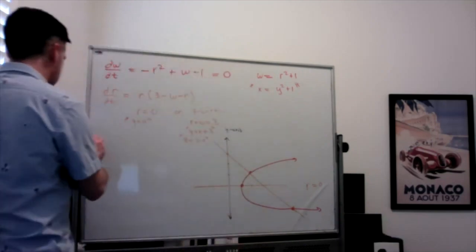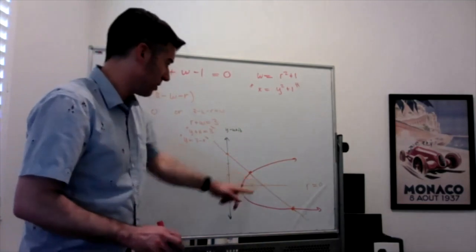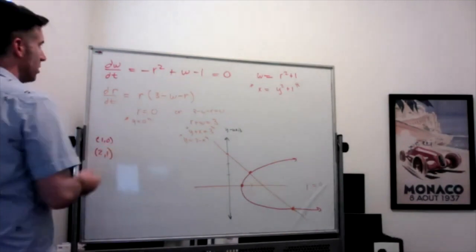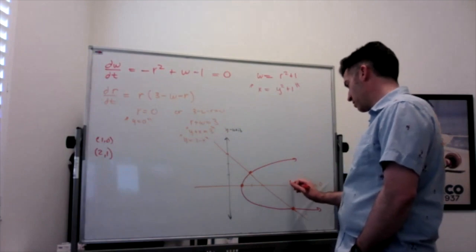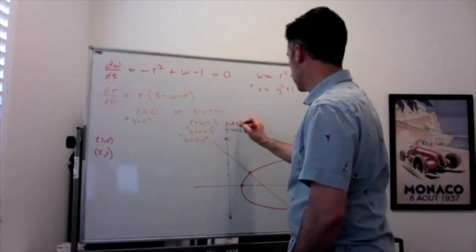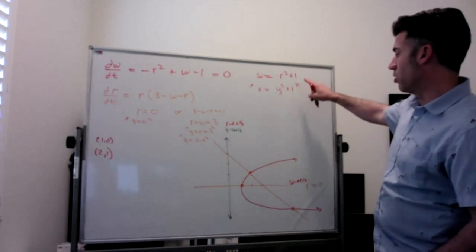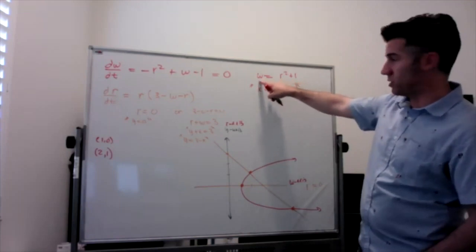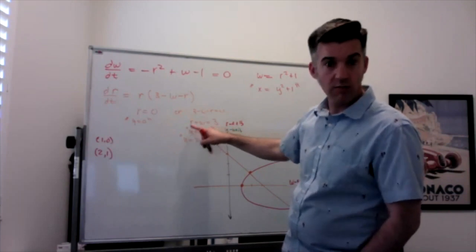So our equilibria appear to be at the point 1, 0. And I'll just tell you for the sake of time, this equilibrium here is the point 2, 1. If this is my W axis, this is my R axis. Yeah. So if W is 2, R is 1, check.